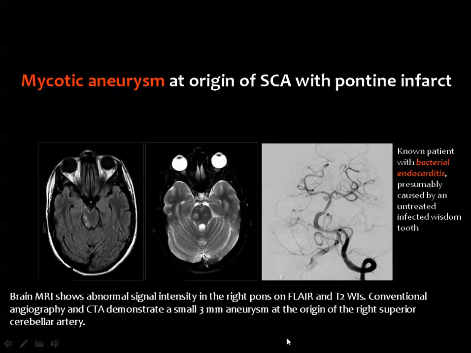And mycotic aneurysm here is occurring at the origin of the superior cerebellar artery, and you see this very small aneurysmal sac in a patient with bacterial endocarditis, and the spasm of the vessel has resulted in an infarction in the territory of the affected vessel, as you can see here in the FLAIR and T2 weighted MR images, showing a signal abnormality in the right side of the pons, both in the T2 and the FLAIR imaging, representing the ischemic area.